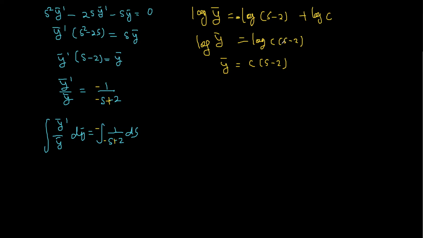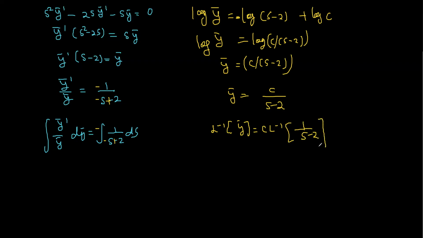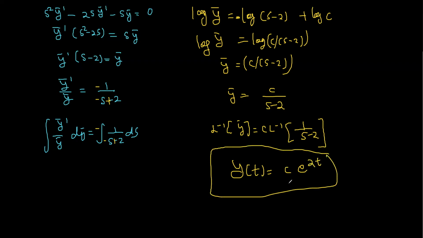If this is minus, then you can write c upon s minus 2, c upon s minus 2, right? Now take Laplace inverse on both sides. C is any constant. It becomes y of t equals c e raised to 2t. This is your answer, where c is any constant. Understood? This is the final solution.